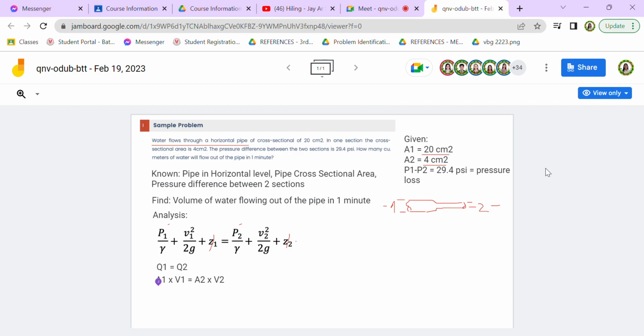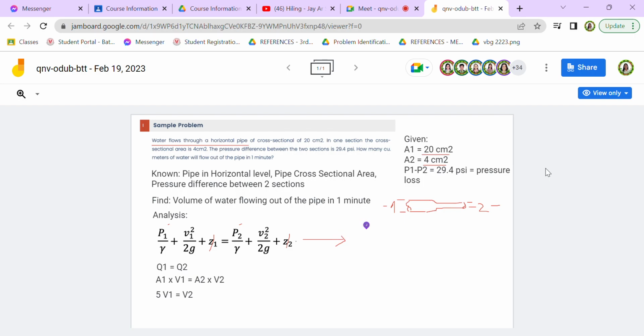So 5 times ang velocity 1, equivalent niya is velocity 2. Now, two unknowns, we have already two equations. We can solve for the value of the velocity. But let's transpose first the equation of Bernoulli's theorem into the other form.